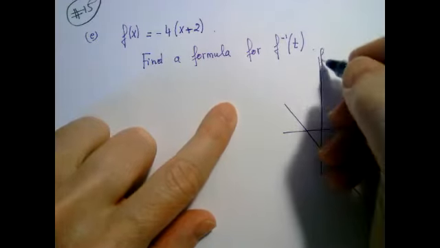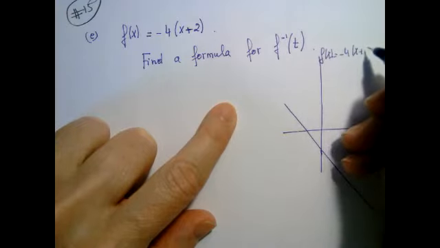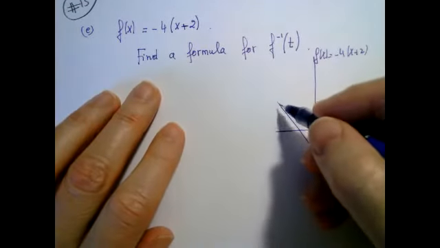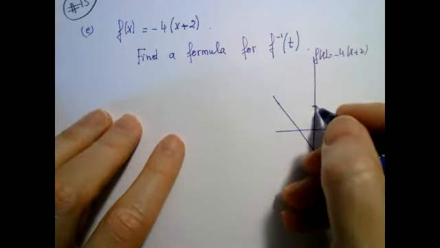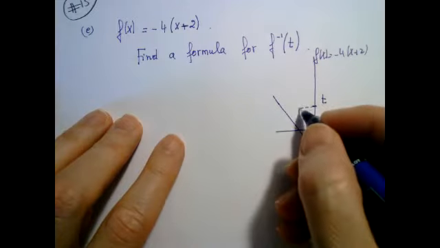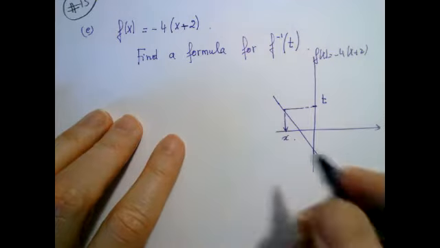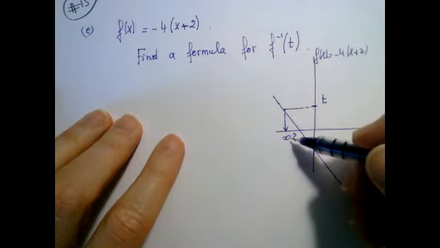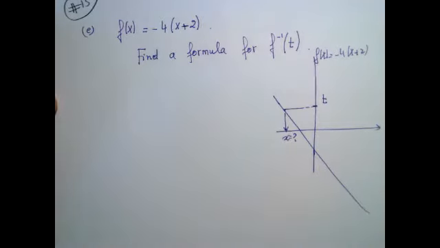So this is the function f of x equals -4 times (x plus 2). What does it mean to find a formula for f inverse of t? If I take an output t, can you give me the rule which allows me to find the input? If I know the output, can you find a formula that gives me the input in terms of the output? So let's remember how we do that.